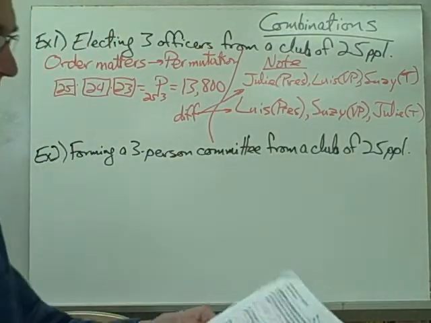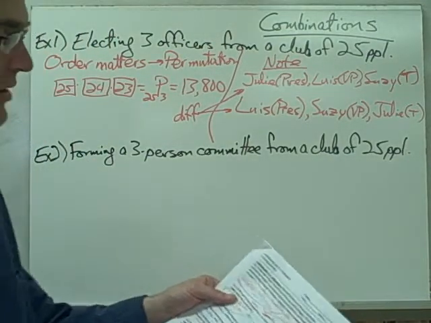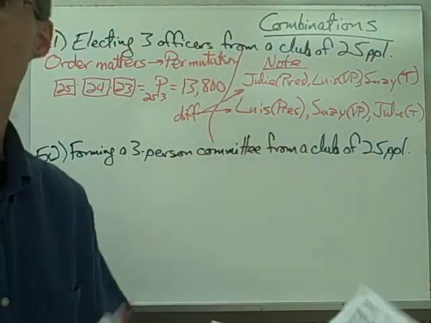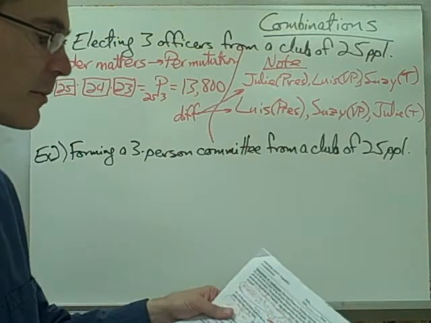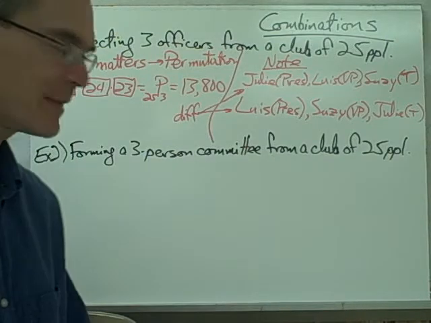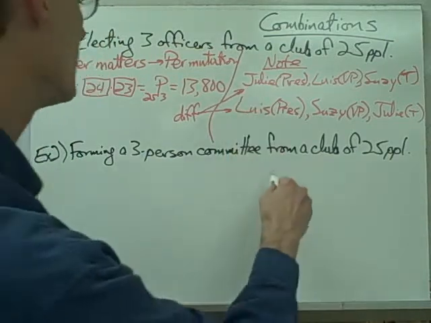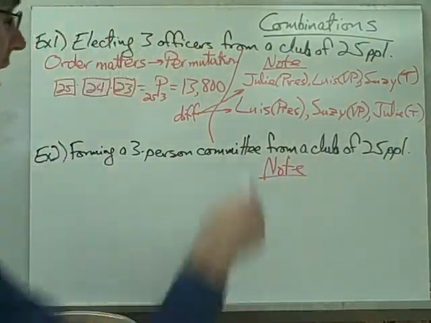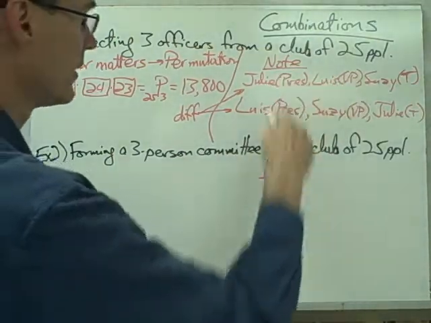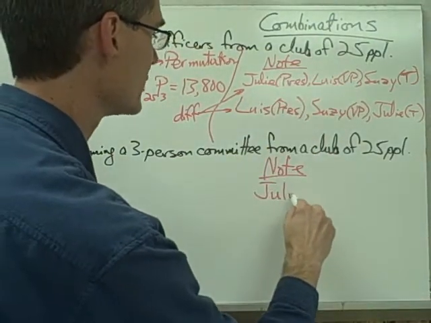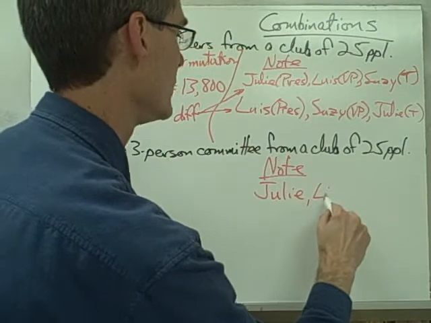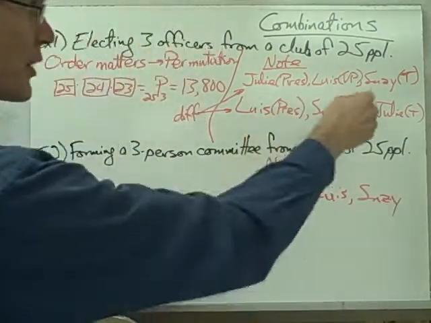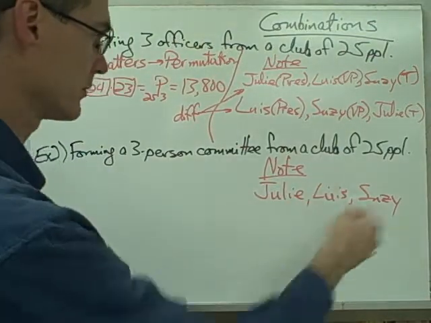Well, if you take a look at example number 2, it says we want to form a 3-person committee. That is, we're not doing officers, we're just getting 3 people together to form a committee from our club of 25 people. How many committees can we form? Well, before I figure out that number, I just want to note that if I had this same group of 3 people who ended up on the committee, say Julie, Luis, and Susie, and now they're not president, vice president, and treasurer anymore, they're just people.